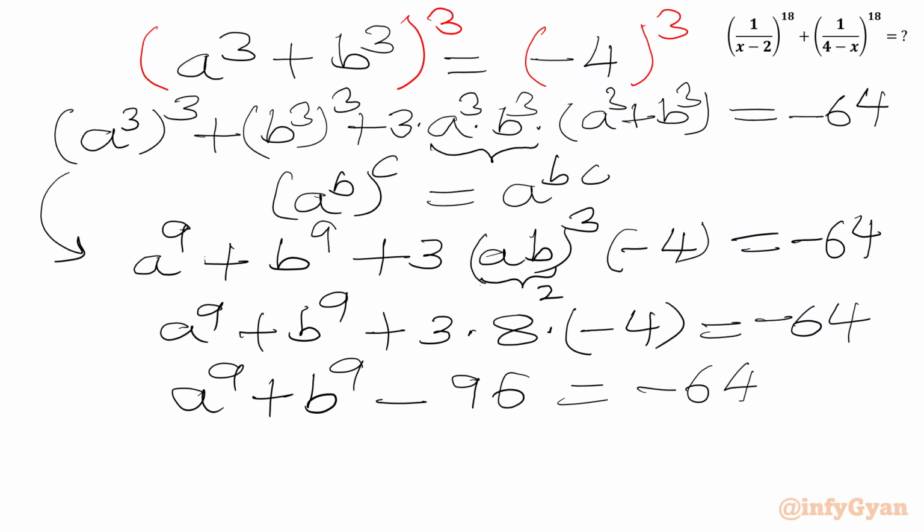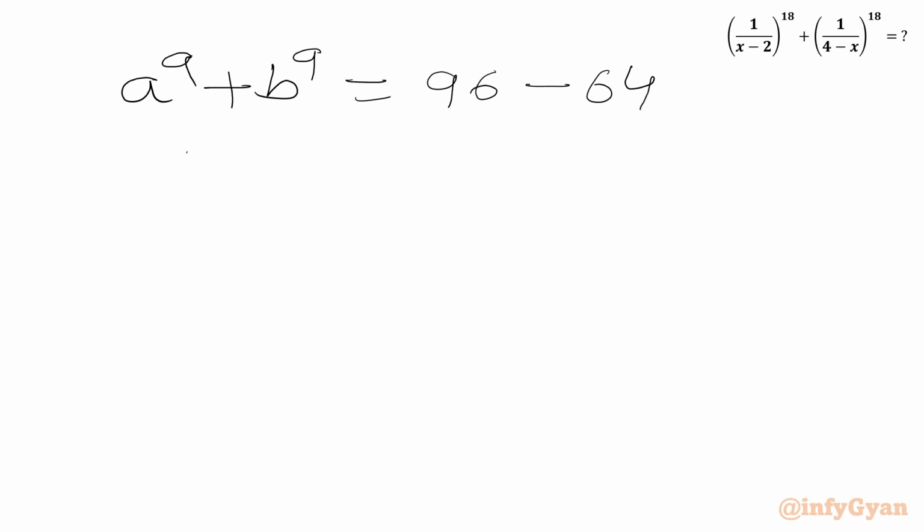Now we will add 96 to both sides. So we will get a power 9 plus b power 9 equal to 96 minus 64, which is 32.